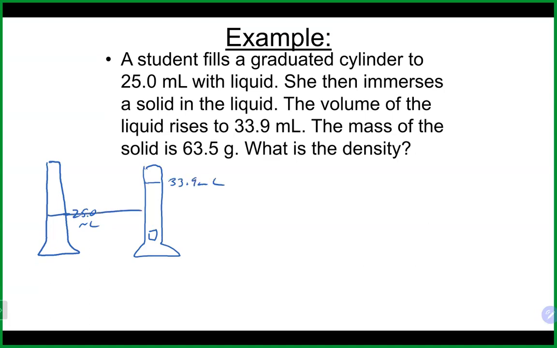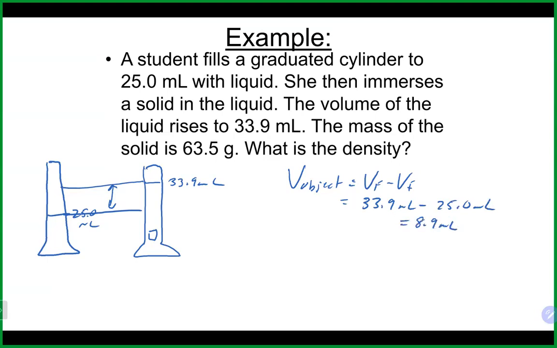So once again, the difference between these two will give us the volume of our object. So our volume will be our final minus our initial, which in this case is 33.9 minus 25 milliliters. That's going to give us 8.9 milliliters.